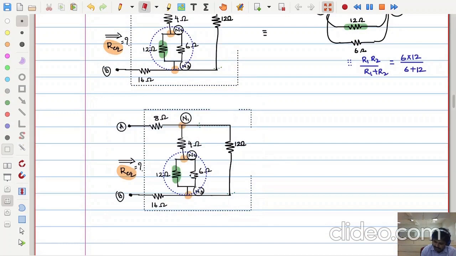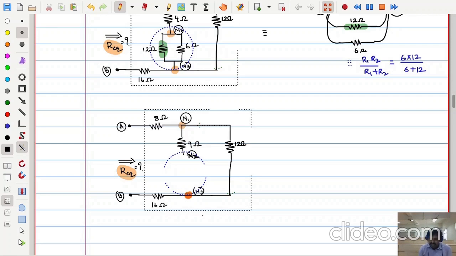I'll replace these two elements. See, I'm not changing the entire circuit. I'm trying to focus only on those corresponding elements. So let us keep everything else as it is, otherwise your final results will change drastically if you change things as you wish.